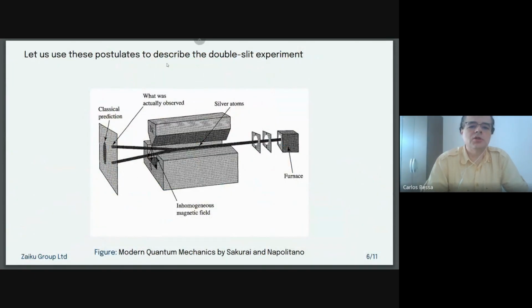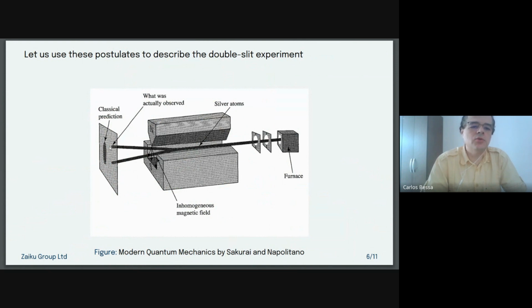So here is just a schematic picture that I took from this book, Modern Quantum Mechanics, Sakurai and Napolitano. Basically we have an oven that sends out beams of atoms, here considering silver atoms. And here we have an inhomogeneous magnetic field.